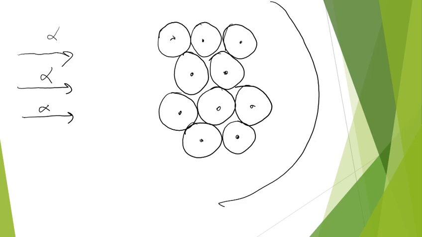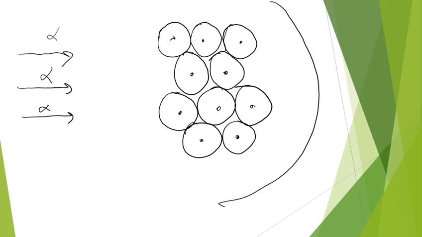According to Thomson's model of atom, this outer layer is positively charged and electrons are embedded in it. So if that structure of atom was correct, then most of the alpha particles should be deflected and very few should go straight.